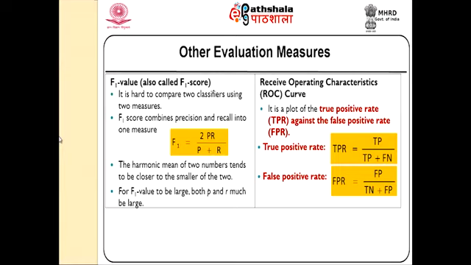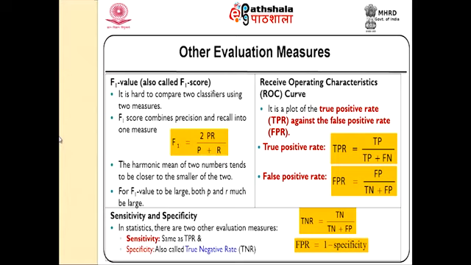Another one is called the receiver operating characteristic or ROC curve. You have the true positive rate, which is TP divided by TP plus FN, and then you have the false positive rate, which is the false positive divided by the true negative plus the false positive. So, this is defined as the receiver operating characteristic.